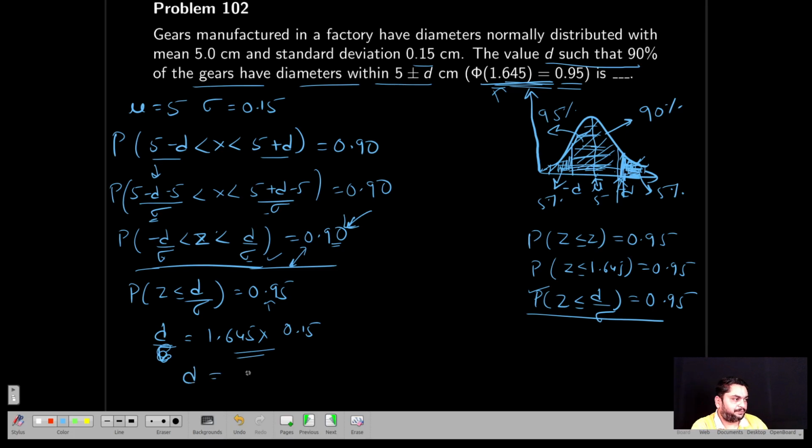We'll get it as 0.247. Check the value. 0.247. It's all about the symmetric property of the normal distribution.